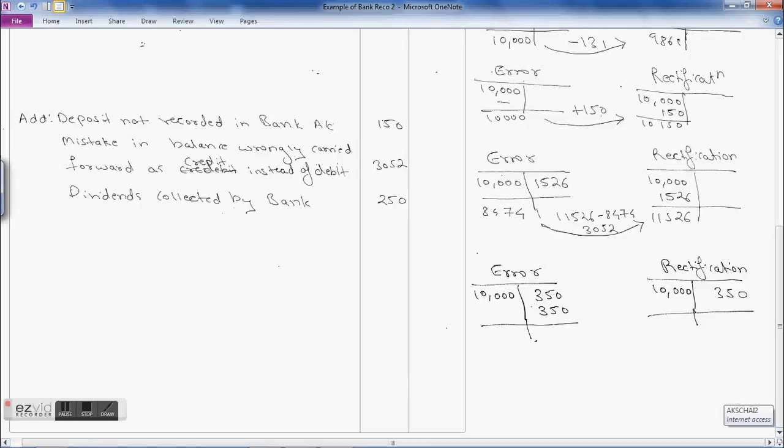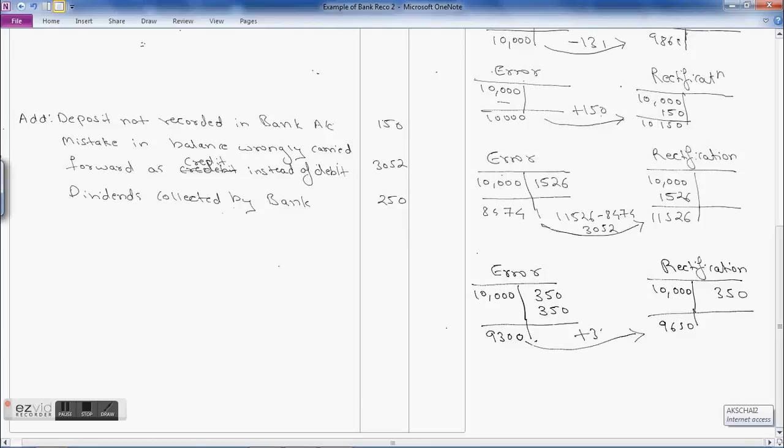So due to this, what has happened? 10,000 minus 350 minus 350, that is 700. So 10,000 minus 700, that is 9,300. So actual balance should have been 9,650.